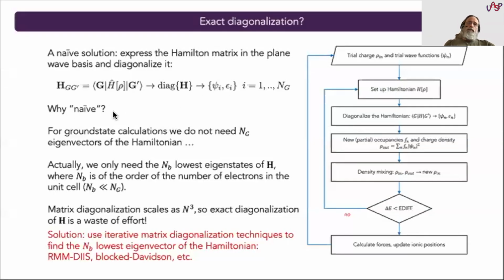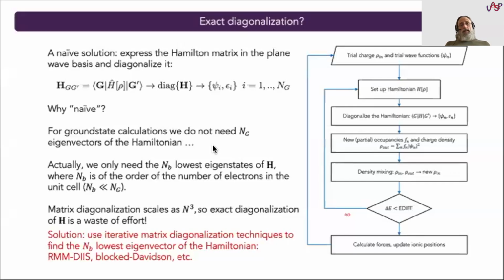It's naive because we do not need so many solutions to the Hamiltonian. We do not need so many eigenfunctions. For ground state calculations, we only need the lowest eigenstates of the Hamiltonian. In fact, we need a number that is of the order of the number of electrons in the unit cell. We need as many orbitals so that we can populate them with our electrons and compute the density.